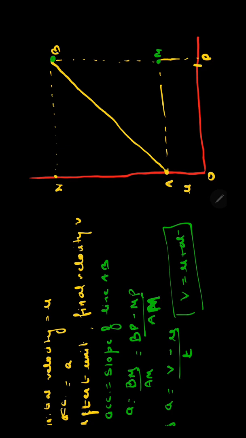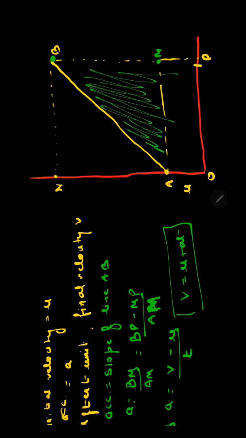So in this figure, you can see it is forming a trapezium. So we will find the area of this trapezium. As you know, the area of a trapezium is half into sum of parallel sides into height. Please draw this figure in your copy, pause the video and once you draw, then continue.